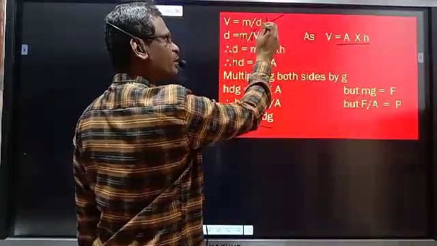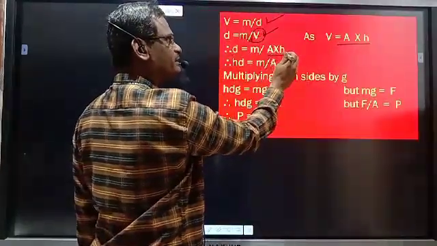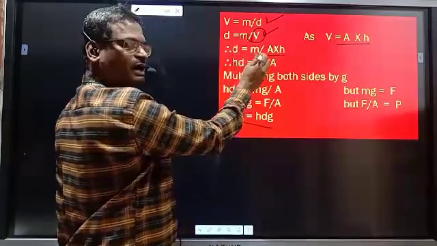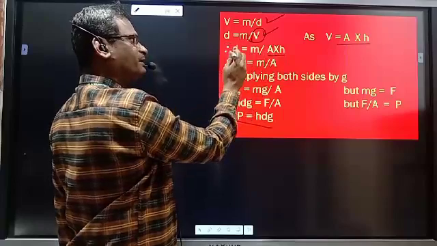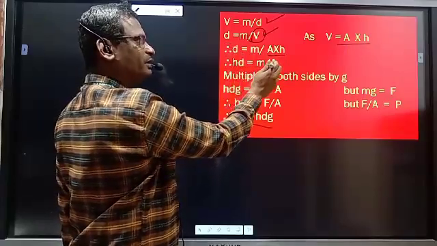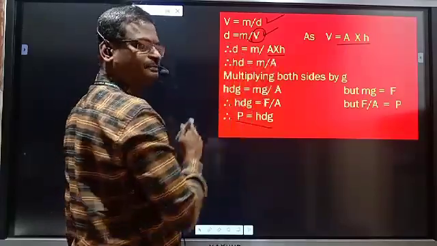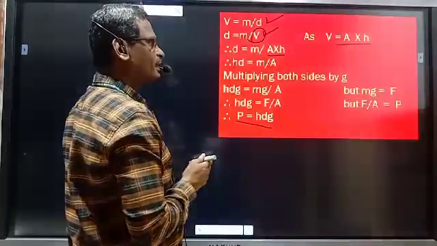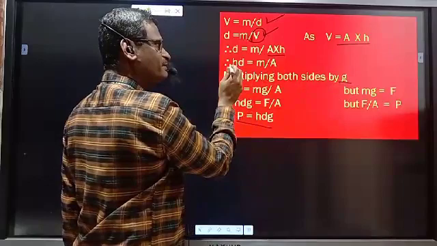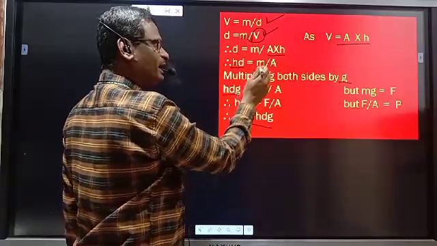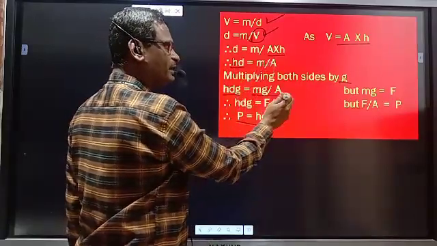Replacing volume by area into height, density is mass divided by area into height. Taking H on the left side, Hd is equal to m upon A, mass upon area. Multiplying both sides by G, gravitational acceleration, this becomes HdG, and this becomes mg upon A.